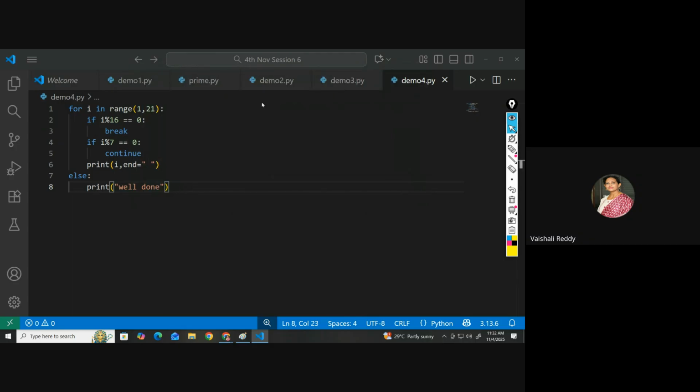I don't want you to execute this code. Please don't do that. I want you to share without typing the code. I want you to tell me what will be the output of the code. In the chat box, you will type the output.